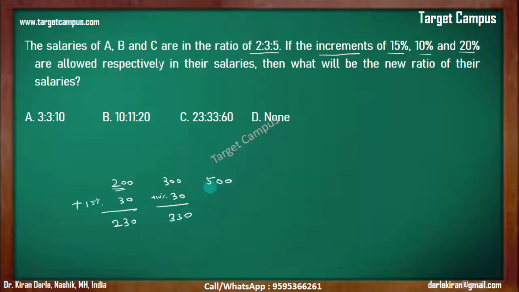For 500, the hike is 20%. 10% is 50, 20% is 100, so this becomes 600. So these are the new salaries. What is the ratio? 230, 330, 600, so 23:33:60. That's the answer.